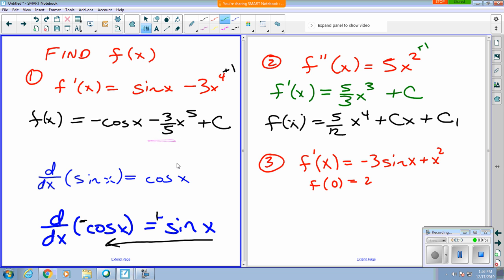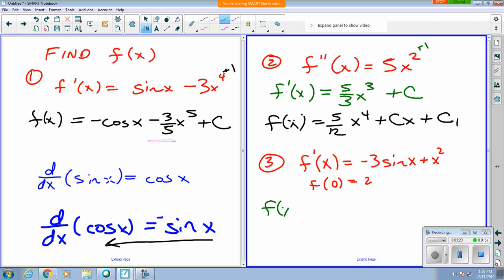So if I come back over to my other problem, I can think of it as negative sign this time, right? I ignore the 3. And I know then that f of x is going to be 3 cosine x for the first term. I double check it by doing the derivative in my head. Boom, it works. Then I add 1 to this x squared. It's x cubed over 3, or 1/3 x cubed.